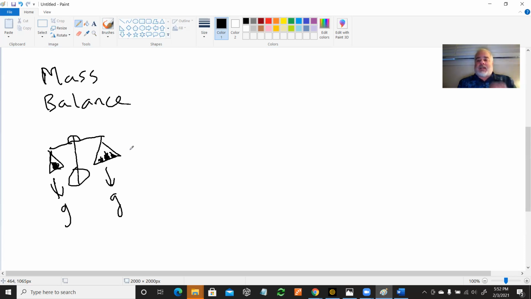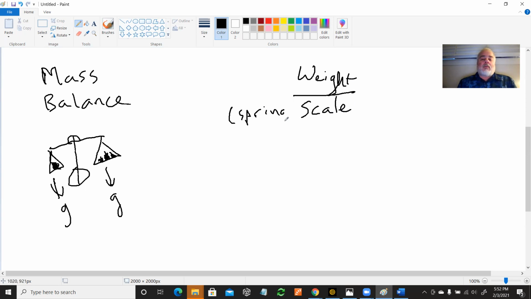Don't pull out some technicality in a black hole or whatever. But for all practical purposes, the mass is unchanged. And we measure the mass in grams, kilograms, or metric tons. Weight, on the other hand, is measured with a scale, and more accurately, we call it a spring scale.